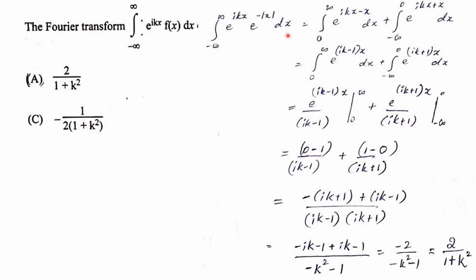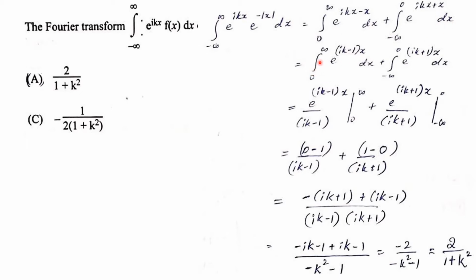Therefore, this becomes e raised to ikx minus x dx for the limit 0 to infinity plus integration minus infinity to 0 e raised to ikx plus x, that is minus of minus x, that will be plus x, with respect to dx.